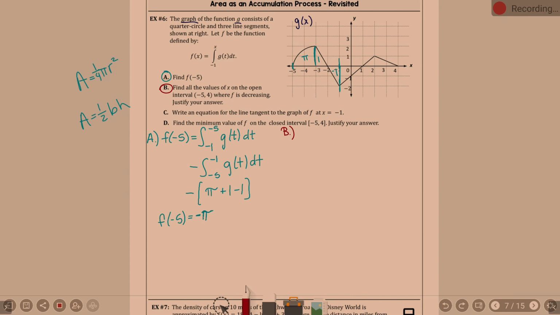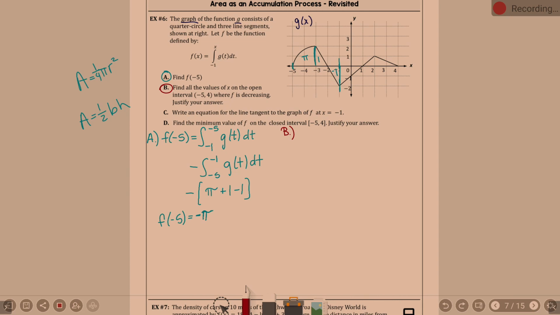Values of x from -5 to 4 where f is decreasing. -2 to -1? It's whenever the signs are opposite.